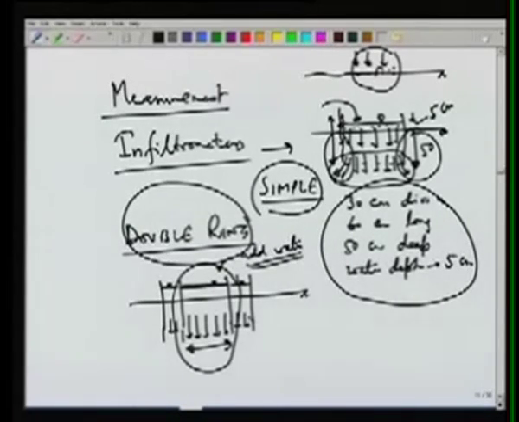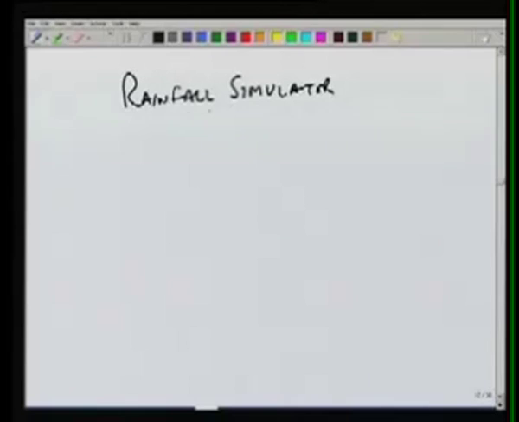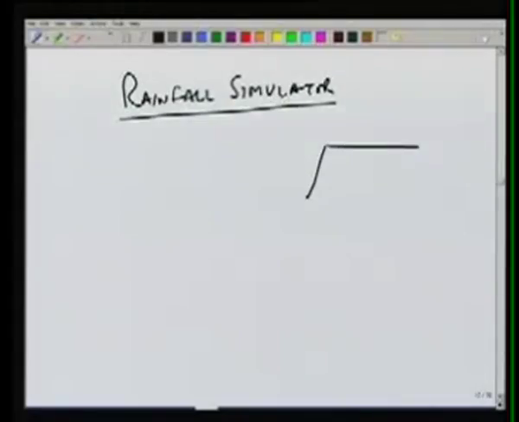Therefore, there is another method which is commonly used, although a little more expensive, known as the rainfall simulator. Similar to the field plot which we discussed for evapotranspiration, the rainfall simulator is also carried out under controlled conditions. A plot, again generally about 4 meters by 2 meters.